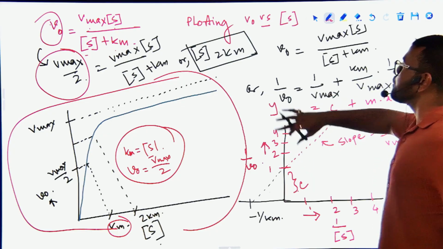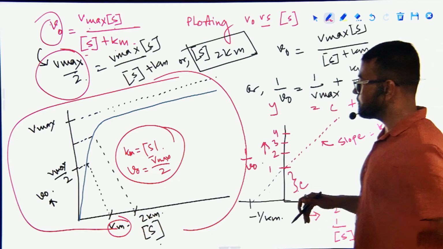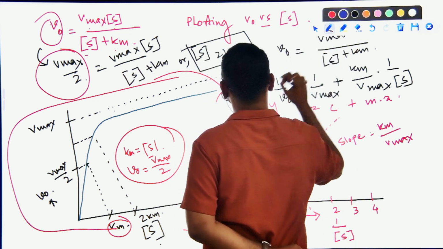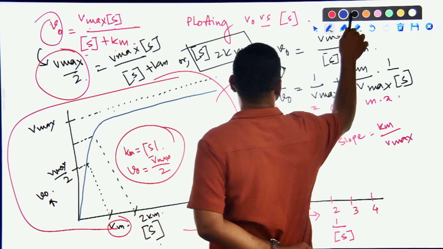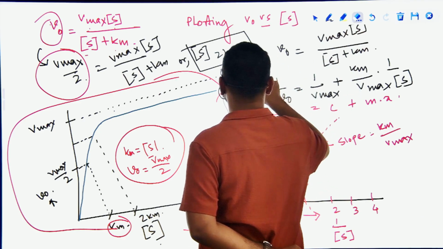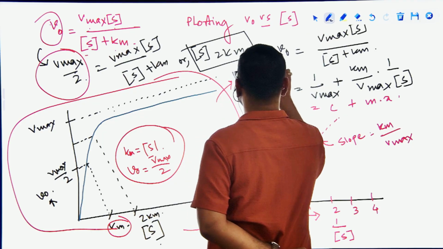I guess up to this point, every aspirant must be aware of this overall thing. What is the criteria that should also be remembered? Substrate concentration has to be much greater than enzyme concentration.